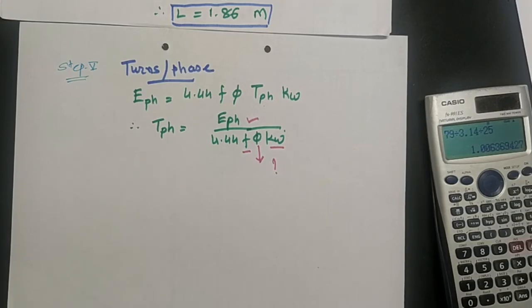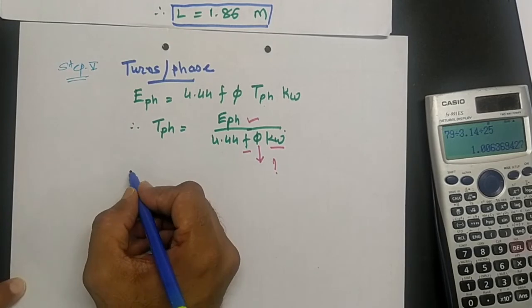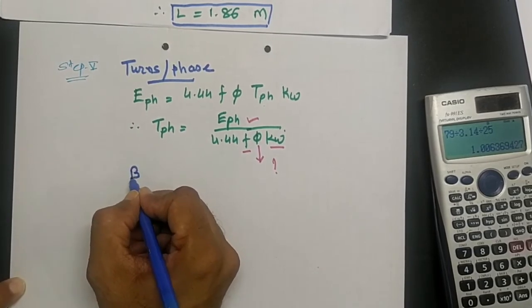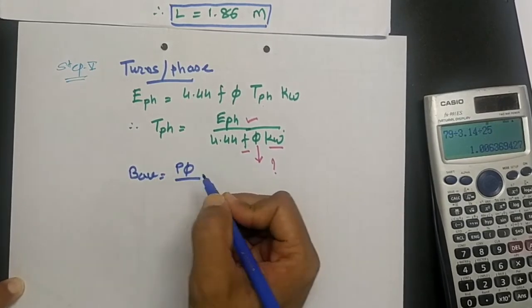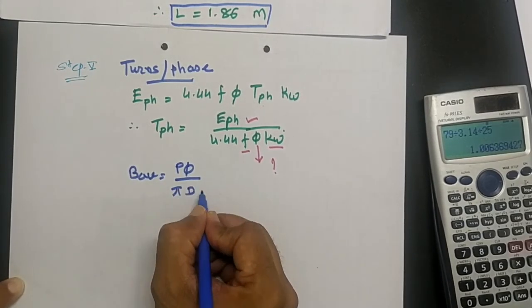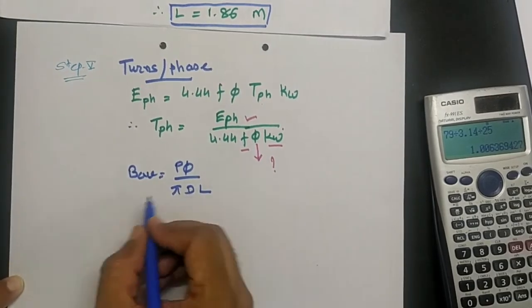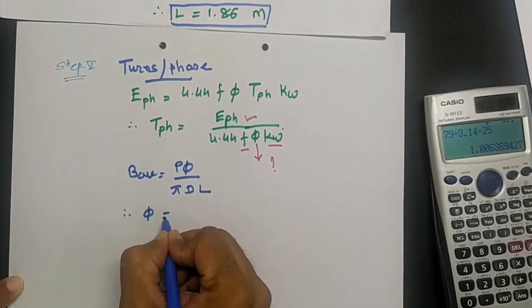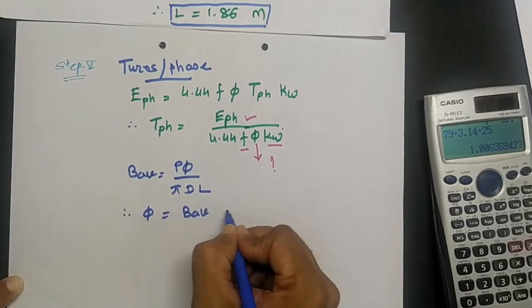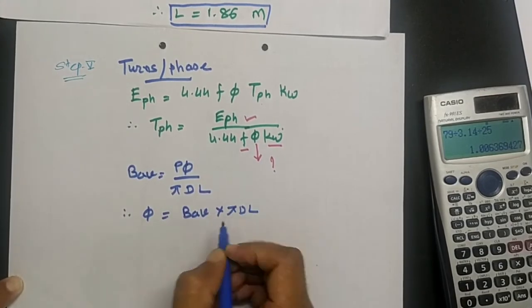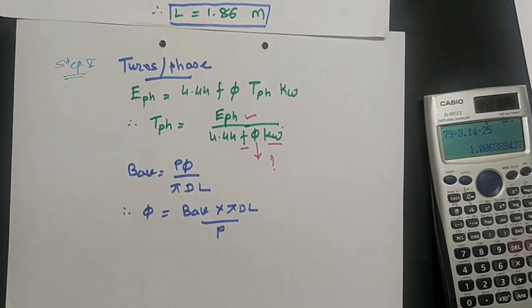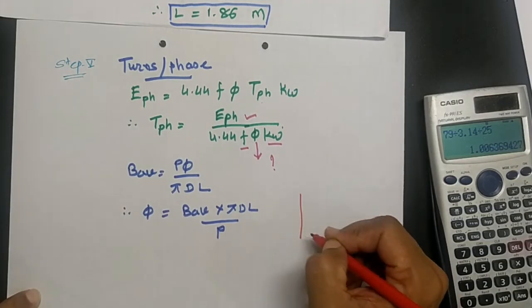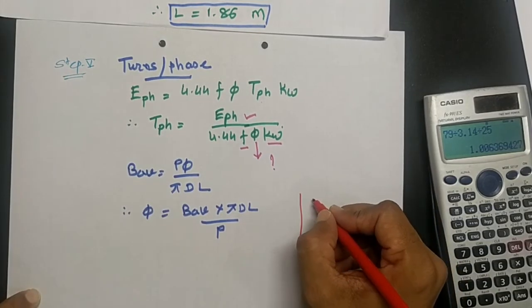To calculate flux, we have one equation, that is B AV, our specific magnetic loading, equals phi divided by pi D and L, and therefore flux phi is B AV multiplied by pi D L and divided by number of poles P.